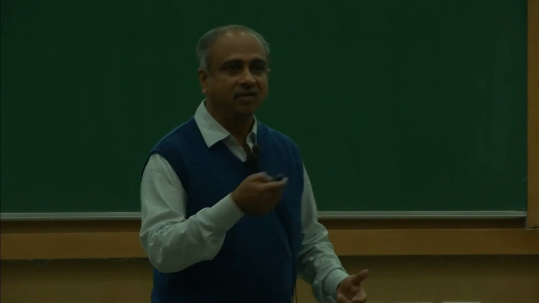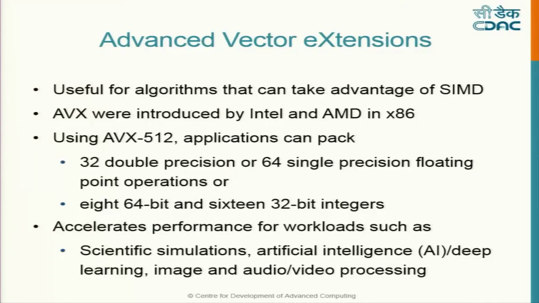But now there are AVX registers in which, if you are doing double precision arithmetic, multiple data can be operated on simultaneously by a single instruction. The instruction is the same, but it operates on a set of double precision values.